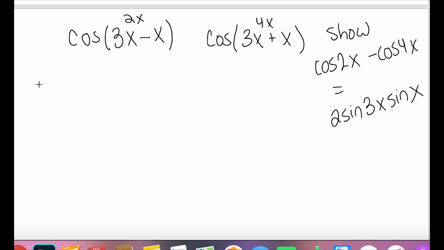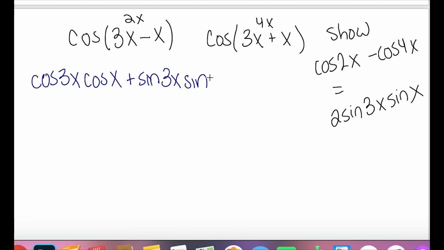So for cosine, we do the cosine of the first angle times the cosine of the second angle, switch the sign in the middle, and repeat with the sine of both. And we're going to do cosine of 2x minus cosine of 4x. So here, cosine of both angles again.